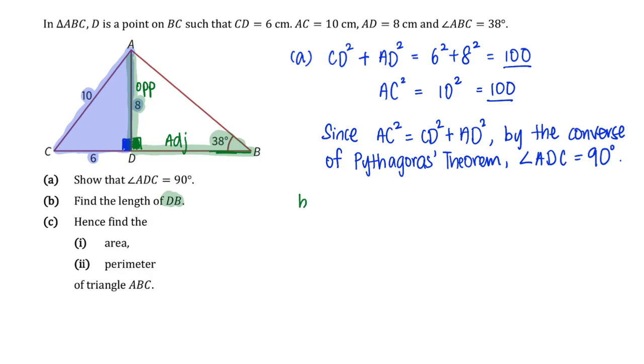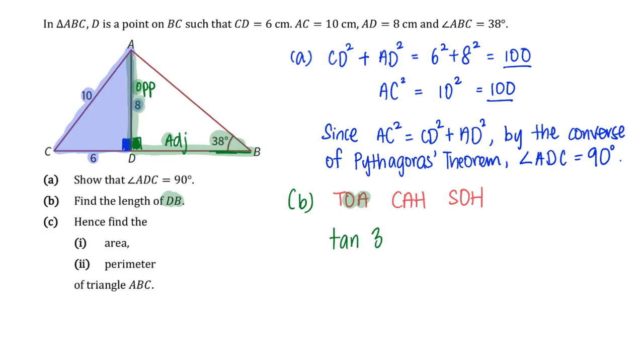So for part B, out of these 3 trigonometric ratios, which ratio should I use where there is O and A? Yes, that will be my tangent ratio.